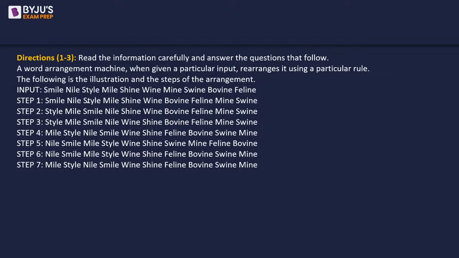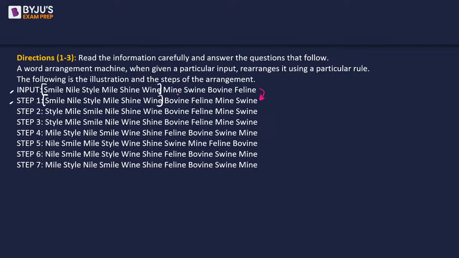So what we have to do is look at the input and step 1. If you compare these two, you will find that from smile to wine it is the same. The last 4 words have been rearranged. How have they been arranged?